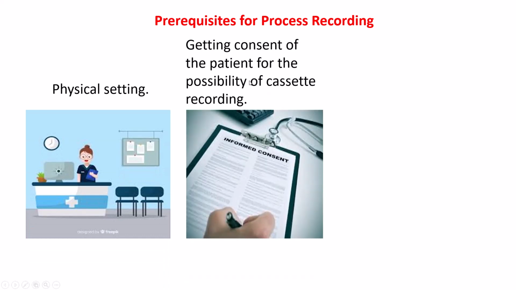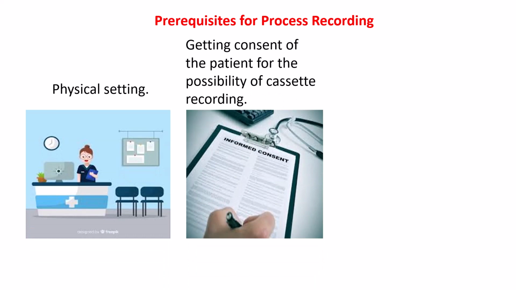Another one is getting consent of the patient for the possibility of cassette recording, because in cassette recording we are going to record directly whatever the patient said. So for that the consent is important. Consent in the sense that is the acceptance letter we are getting from the patient. As we know, psychiatric patients have emotional abnormality, so sometimes the patient may not give the consent.